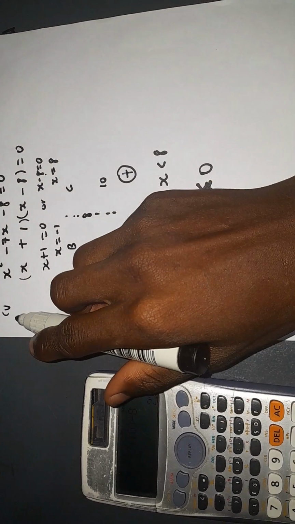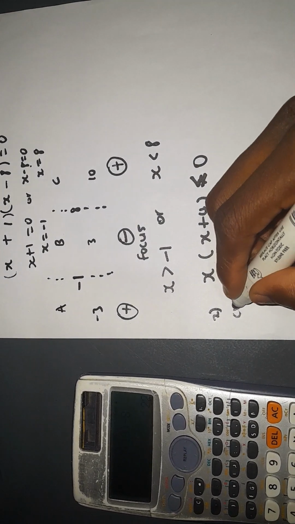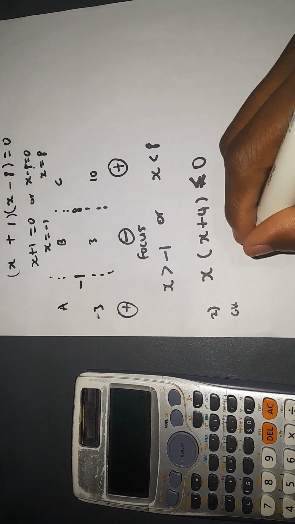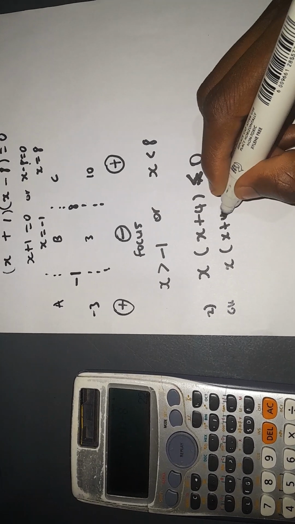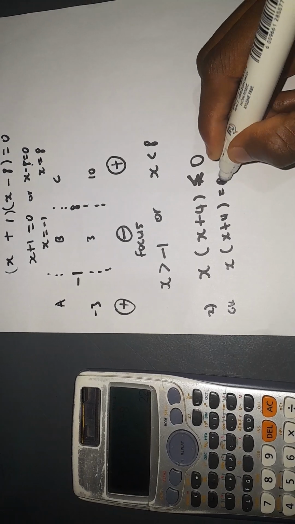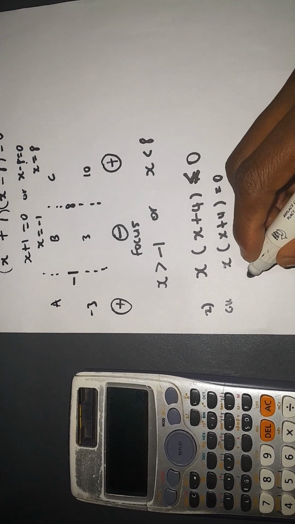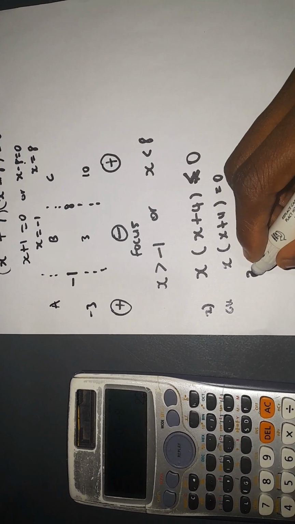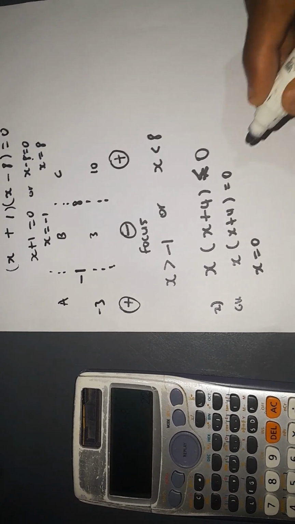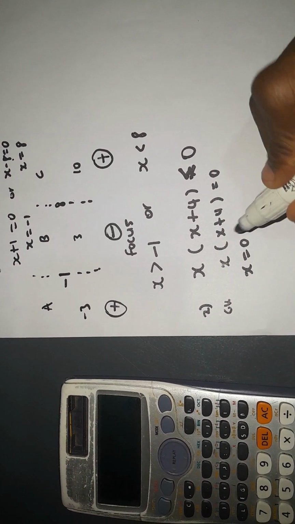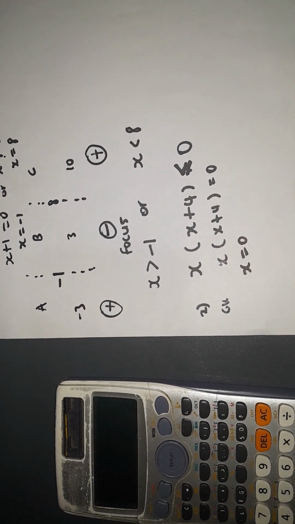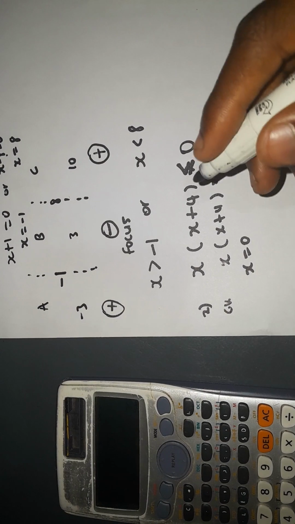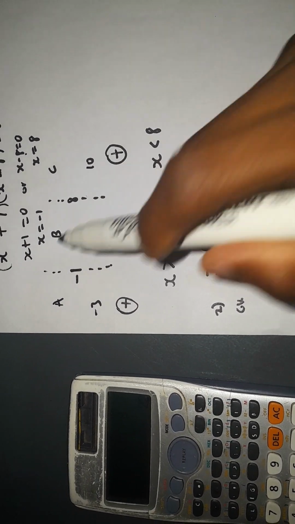So what are we supposed to do? Good, we must do it in terms of factorizing and find our critical values. So now here it will be x, good, x and 0. Don't ever make the mistake of factorizing them first. It will just take you back to the same answer. Just a waste of time.